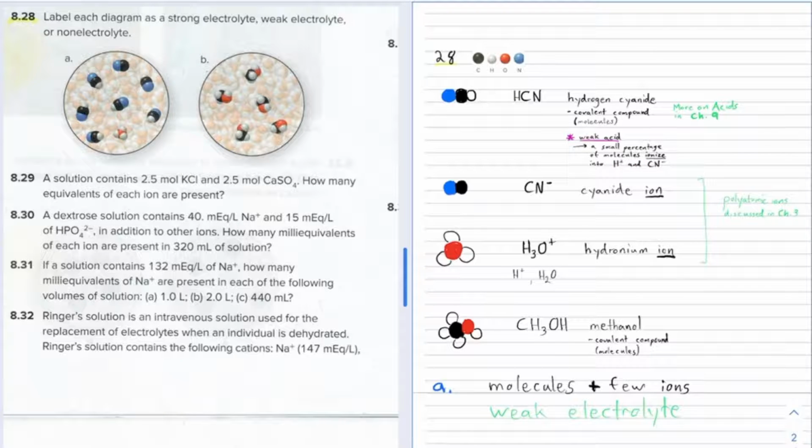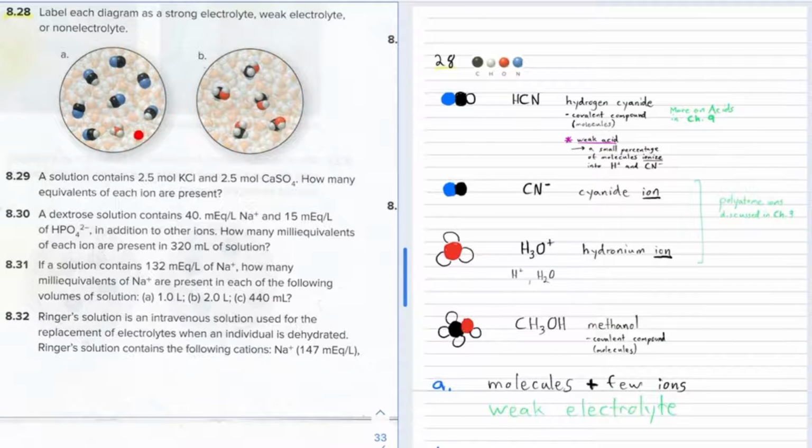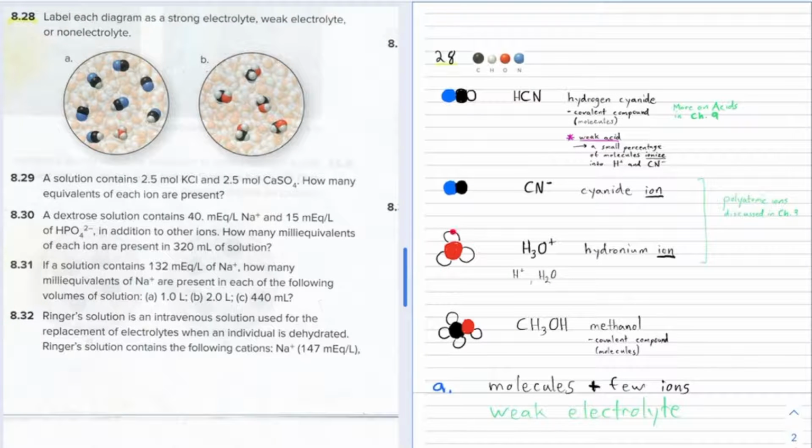Now, when you got protons, H+, in water, they always associate with a nearby water molecule. And so rather than seeing a little hydrogen atom by itself, what happens is it latches onto a water molecule to form what's called a hydronium ion.